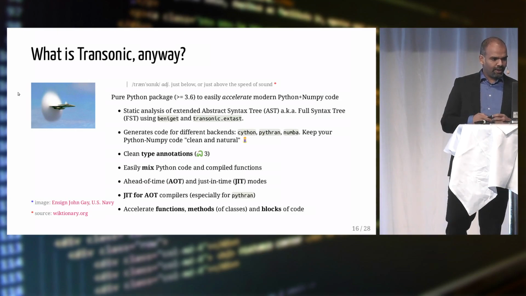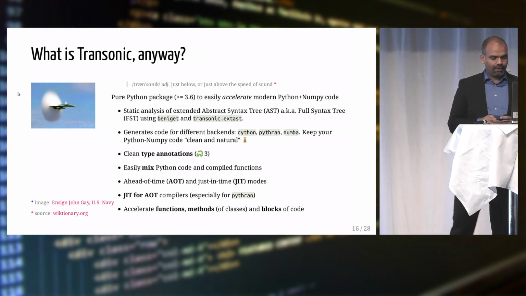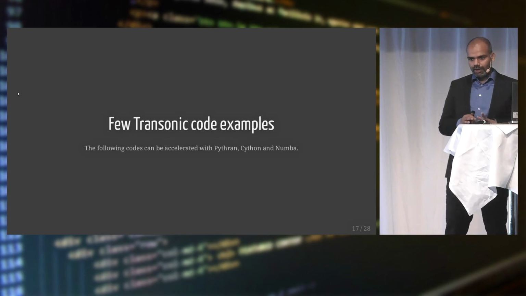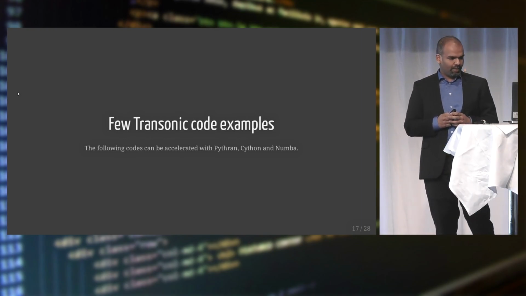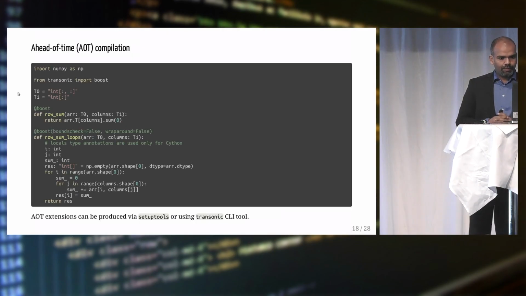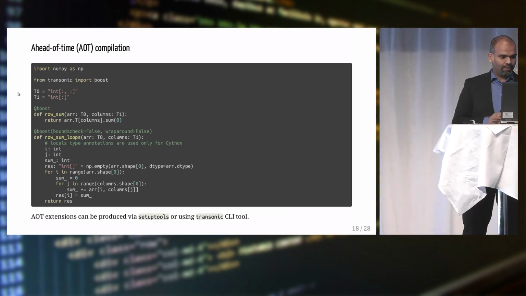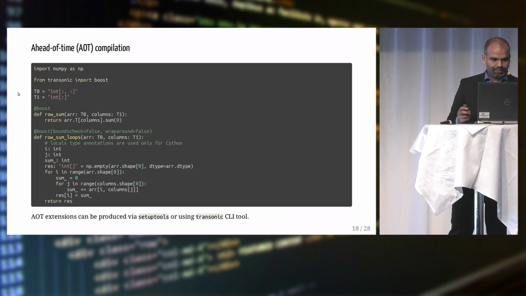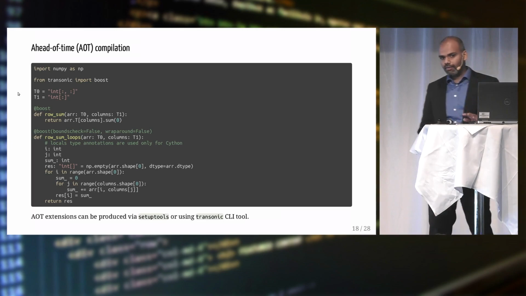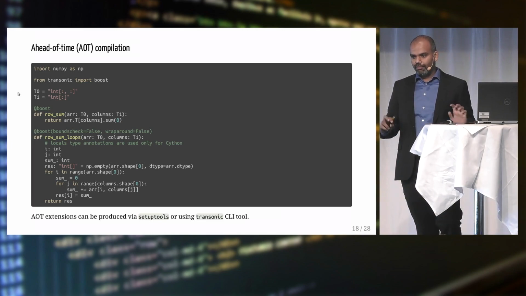This was mentioned earlier. It accelerates functions, methods, etc. Some examples, I try to be very simple here. Here is an example where you have very Python-like code which runs well in Python. We add some decorators which are part of Transonic, which specify the types that the function expects. Now the types, you see the type hints are in strings because NumPy has not yet standardized their form of type hints.